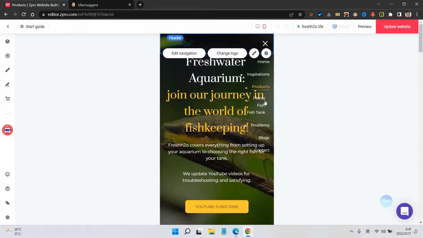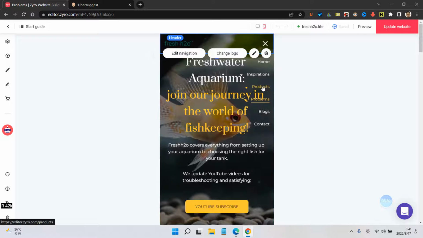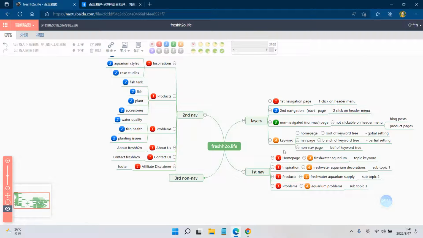oh, maybe not, this is not a two click. This is not a two click. This is the first navigation. Yes, the first navigation. But as I said, this one will be a branch of the keyword tree.